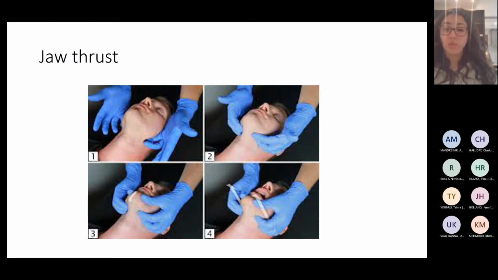You put the rest of your fingers, ring finger, middle finger, and index, below the mandible, and both of your thumbs on the chin. You lift the mandible with your fingers, and you push it forward with your thumbs. This will allow you to open the mouth, bring the tongue forward, and open your airways.